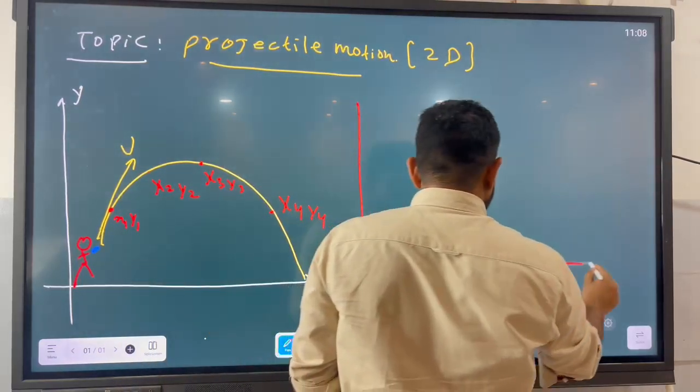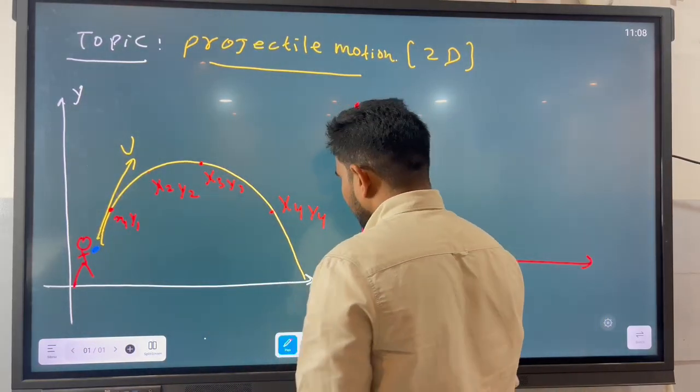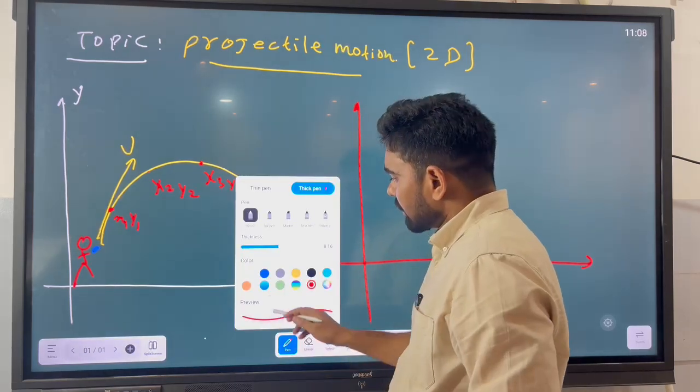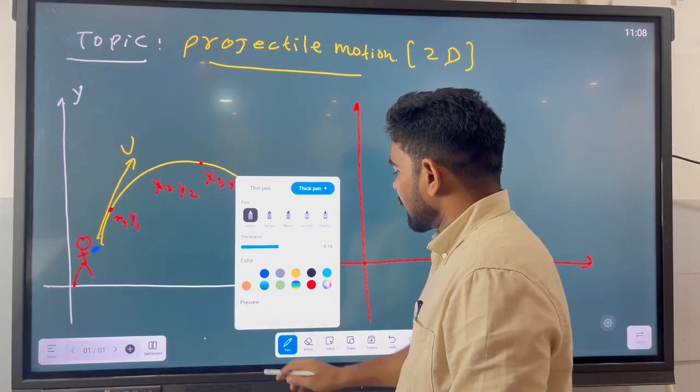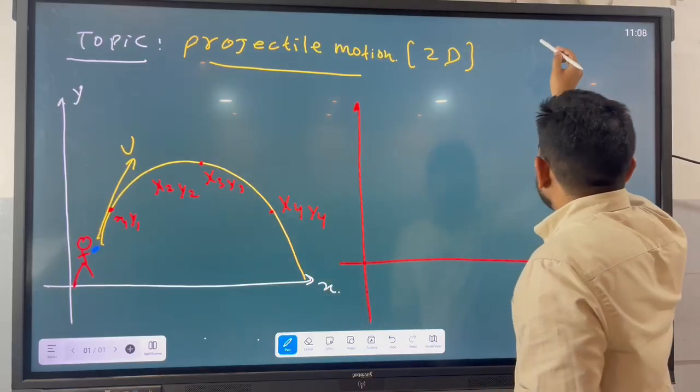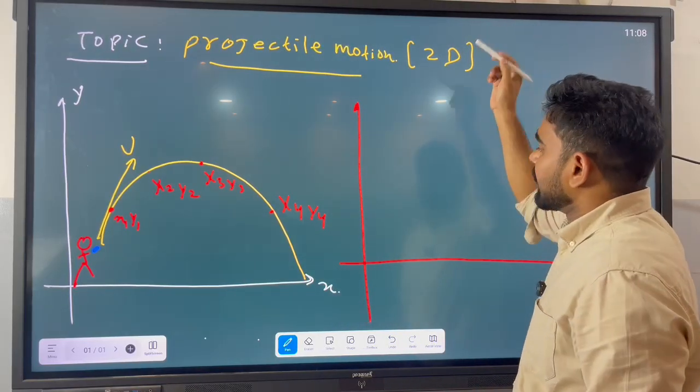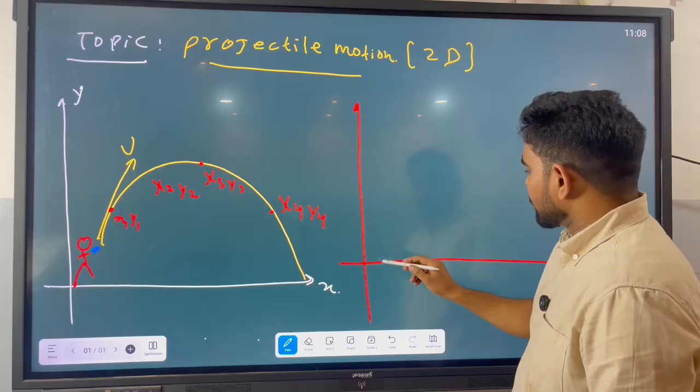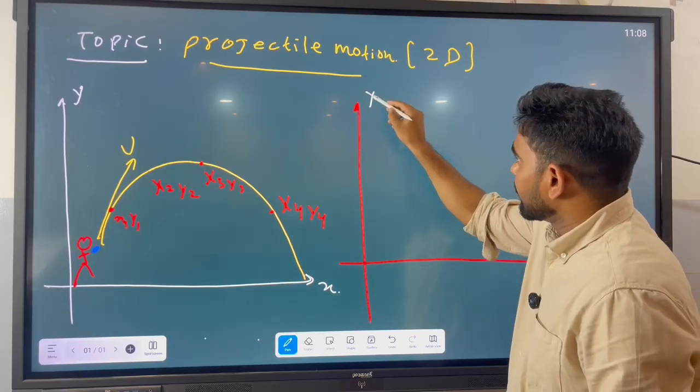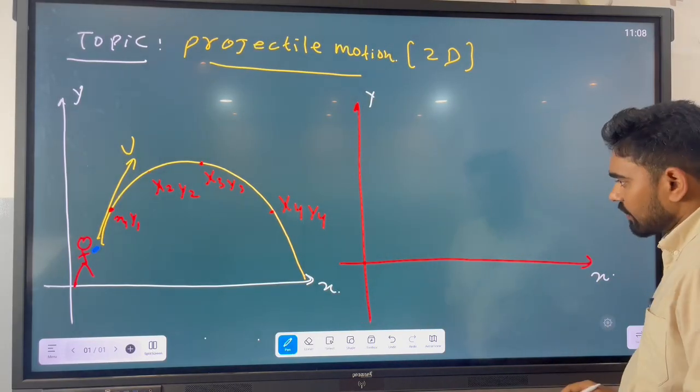Initially we will discuss the time of flight, range and height of projection, right. Suppose that this is the y axis and this is the x axis.